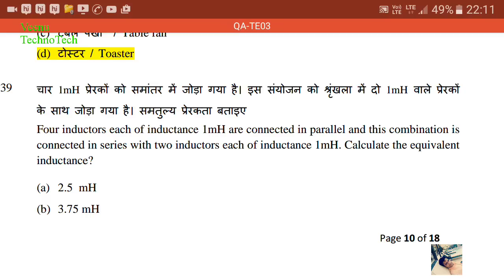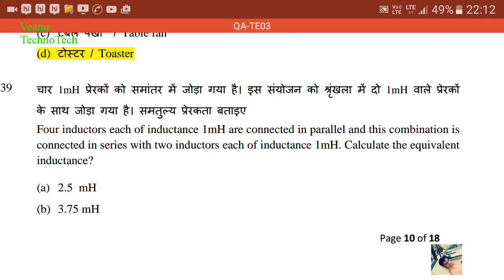Friends, if inductors are connected in parallel, then the resultant inductance is the inverse of the sum of inverses of each inductance, and if they are connected in series then resultant inductance is the algebraic sum of inductances.